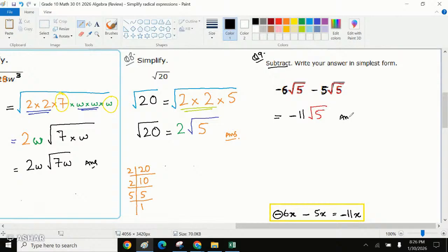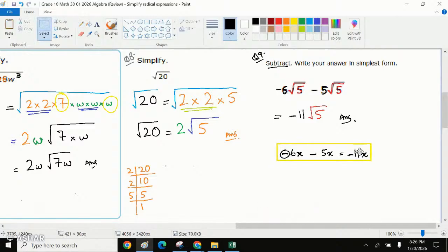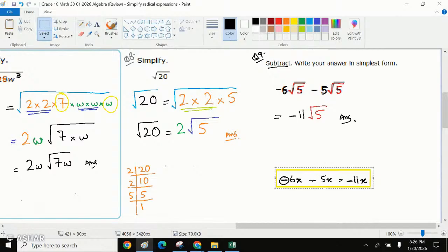And this is our final answer. Keeping the rule of algebra in mind, we can simply directly simplify this. Okay? Do we agree? Any questions up till now? If there are any questions, do let me know. Okay, thank you. Let's move ahead.